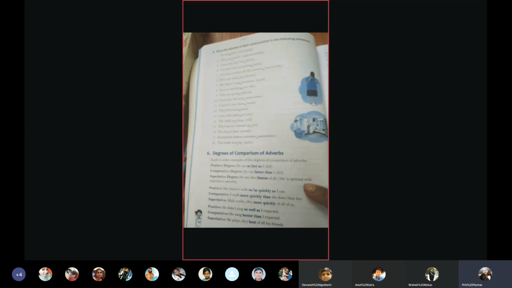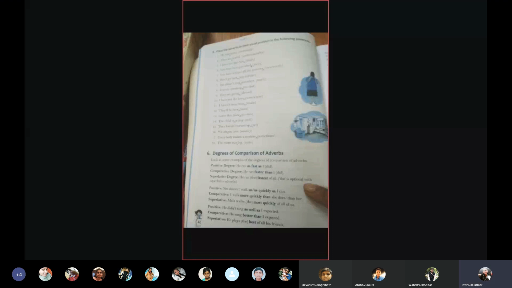The basic word fast is kept in a positive sentence. Then in comparison, the same fast has turned into faster than. And then in the superlative degree, it has turned into the word fastest.